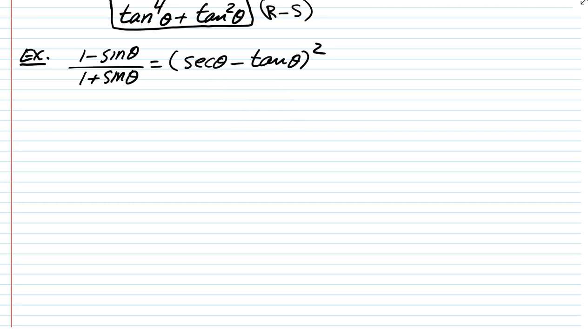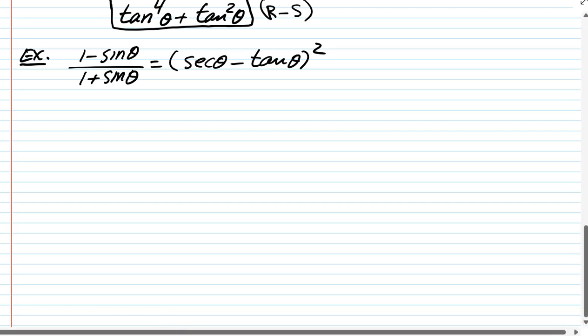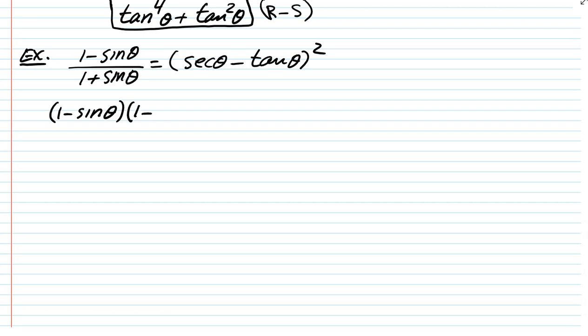So we do need to create the cosine. And here's how we're going to do this. We're going to multiply the top and the bottom of the left side by the numerator, or you can think of it as the conjugate of the denominator, 1 minus sine theta.